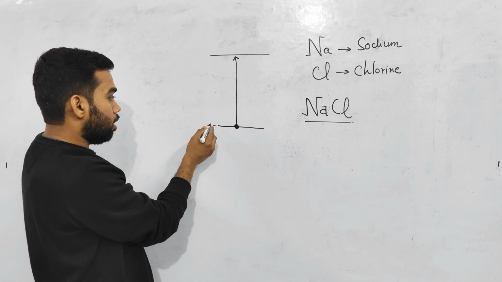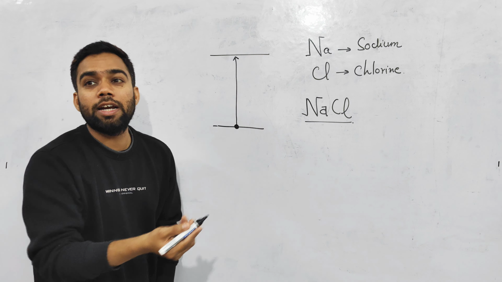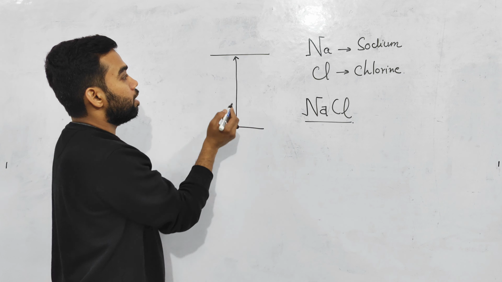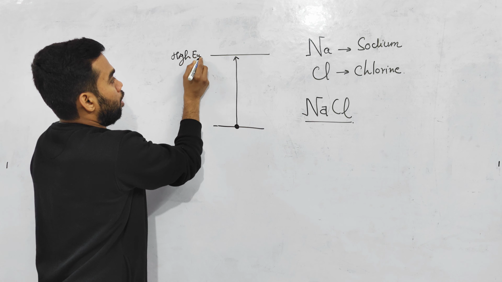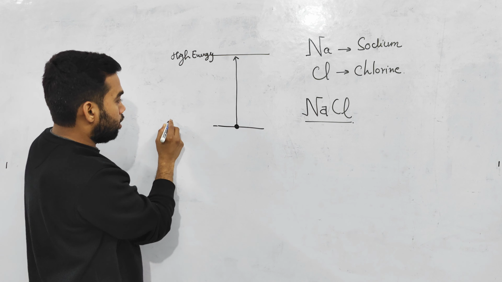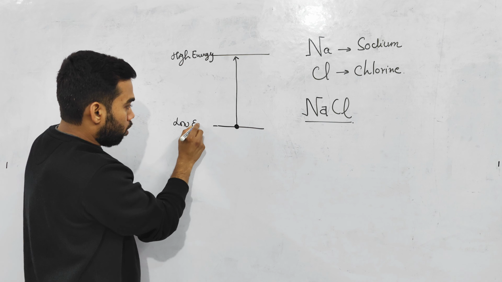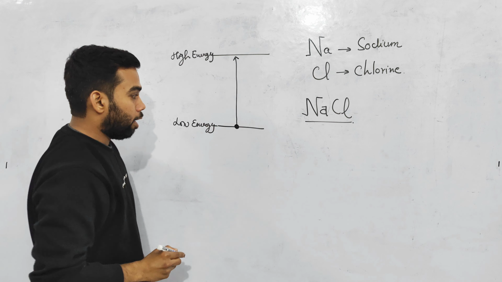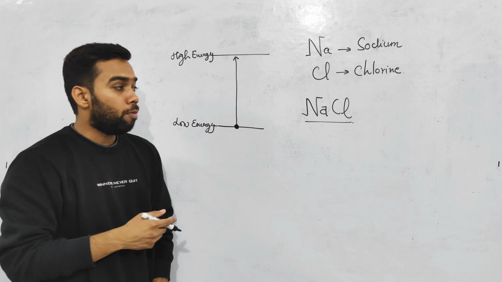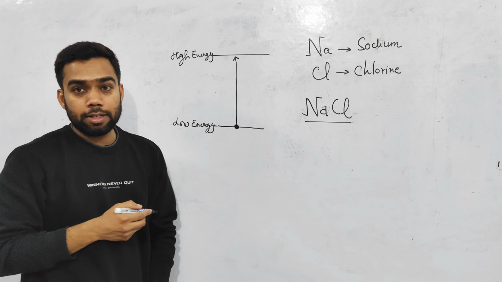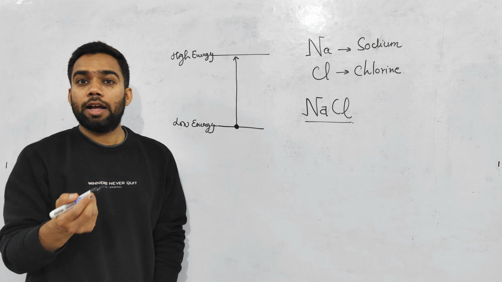So we can say this is the ground state or the lower energy level, and this is the upper, high energy level. So the electrons in the sodium atom excite from the ground state to the excited state by taking energy from the flame.